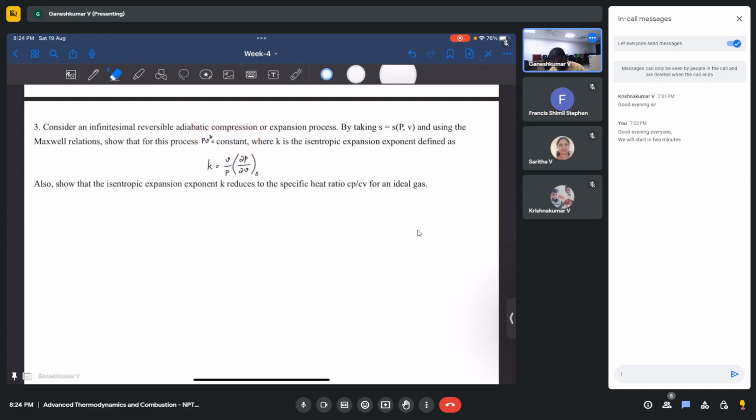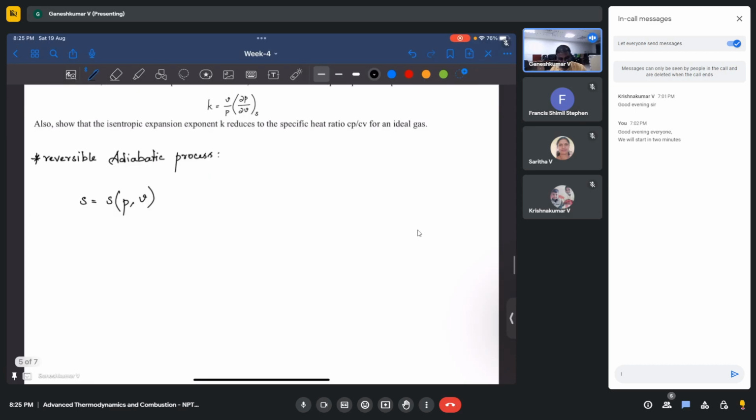So how do we do that? Since we know it's a reversible adiabatic process, it's going to be an isentropic process. They also gave a hint to start from S as a function of P and V. For a reversible adiabatic process the entropy change is zero, entropy remains constant because it's an isentropic process.